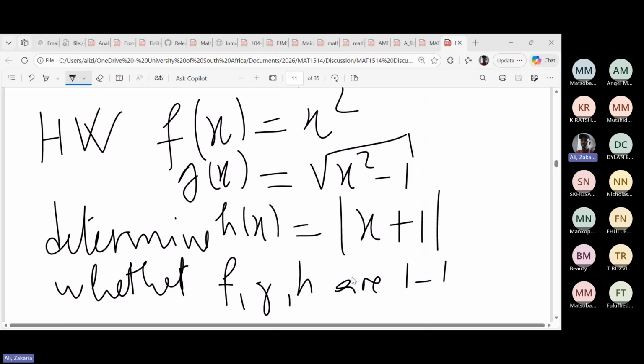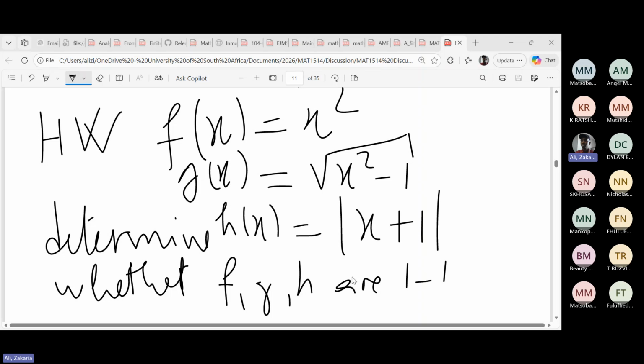So yes, any linear graph, as you mentioned, is one-to-one. But there are some graphs that are not linear that can also be one-to-one.